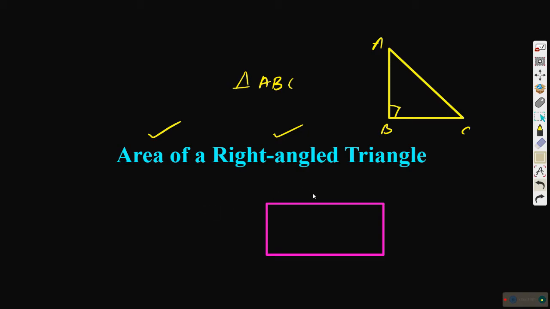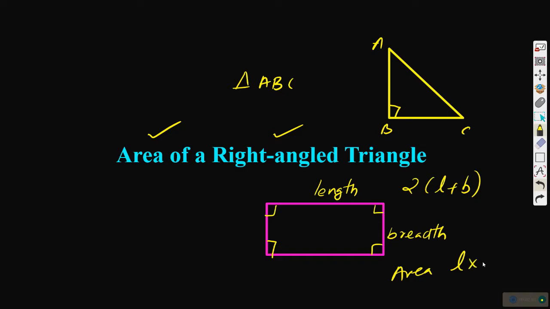A rectangle has 4 right angles, and this is the length, this is the breadth. You studied the formula for the perimeter, which is 2 into (L plus B), where L and B stand for length and breadth, and the area can be calculated by the formula length into breadth. All these things were explained in detail in the last video.